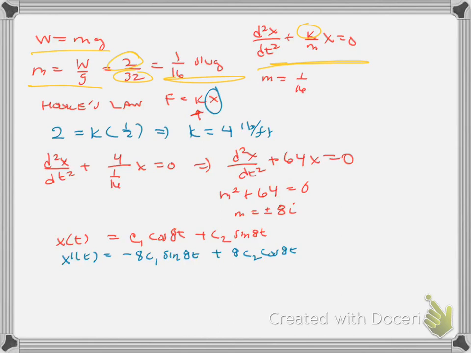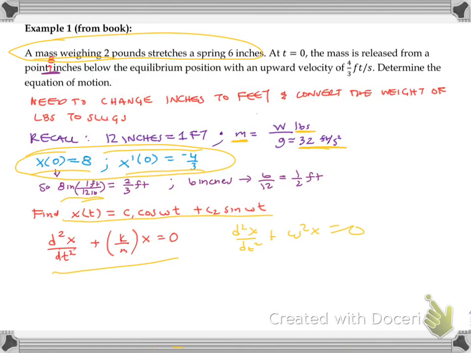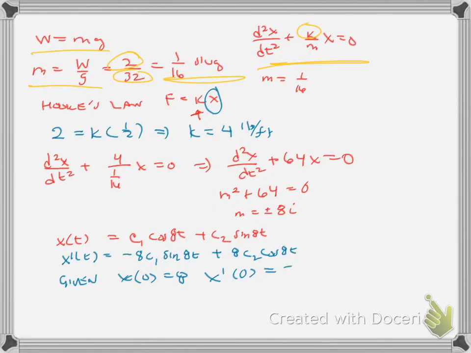Okay. And now if we substitute in, remember we're given that x of 0 equals 8 and x prime of 0 equals negative 4/3. So you can go ahead and pause the video and finish solving for your c1 and c2 and come back to receive your final answer.